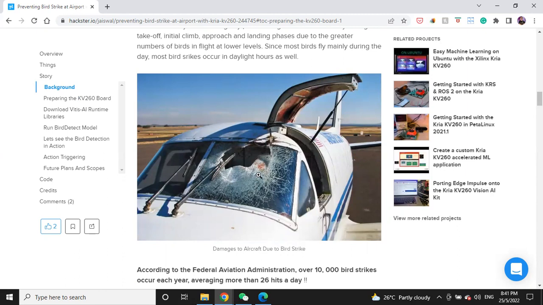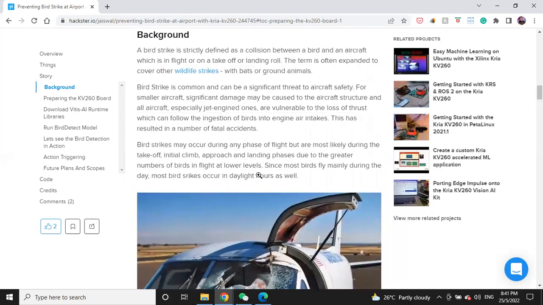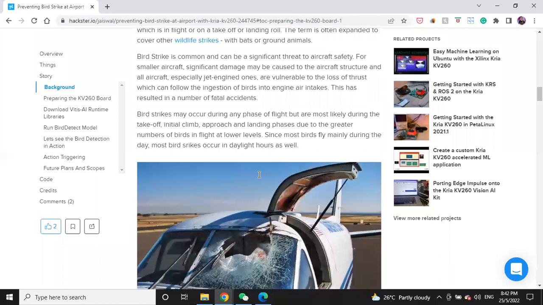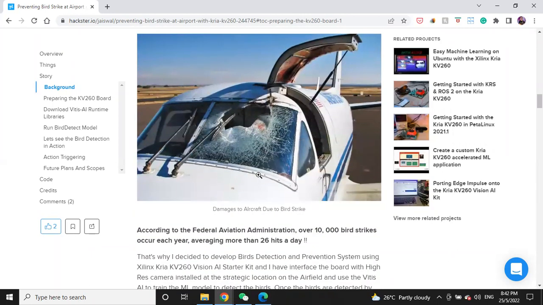Just for example, the cost of an Airbus A320 engine is around 100 crores. If you convert it into dollars, it's around $10 million for one engine.